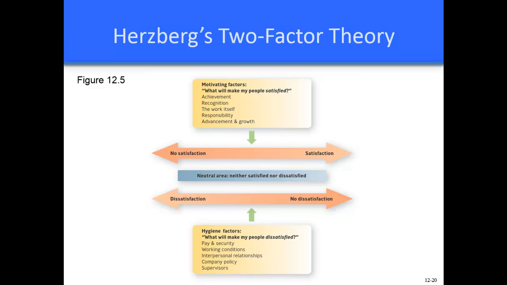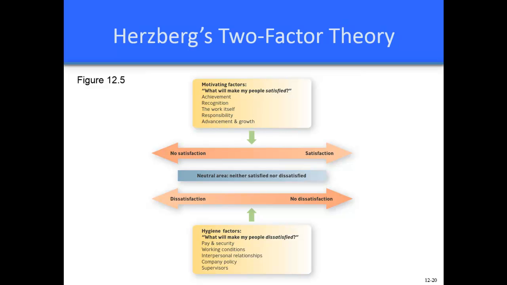Next in the chapter, we talked about Herzberg's two-factor theory, and this is Frederick Herzberg. In the two-factor theory, this is from dissatisfying factors to satisfying factors. Herzberg's theory was the result of a landmark study of accountants and engineers who were interviewed to determine factors responsible for job satisfaction and dissatisfaction.